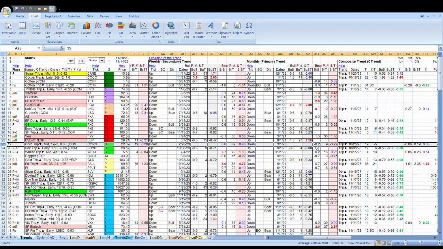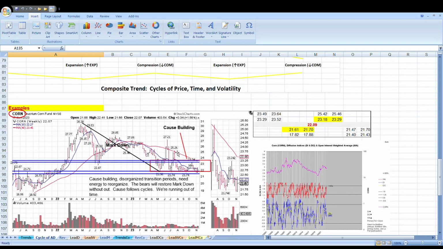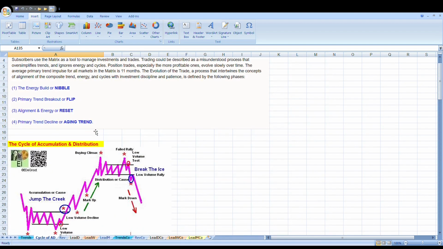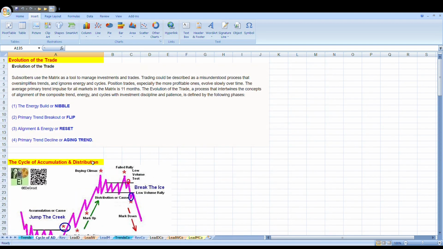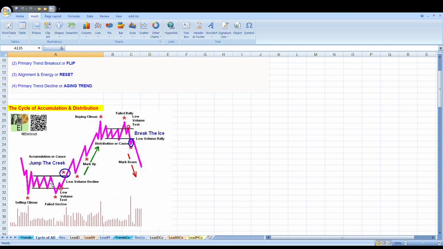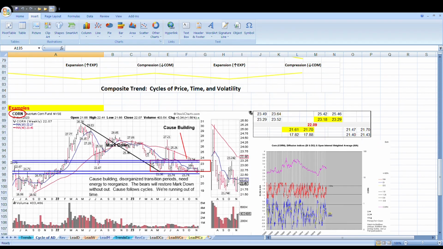It's only 9 months, and you can see the cycle extension is not very old. And so as we jump through this cause building, we're moving through the cycle of accumulation and distribution. Graphically, we are trying to interpret what's taking place as we're inside of there. It is the energy build that will be the tip-off. If energy continues to slide, or if it rallies even a little bit here and it slides even further, the odds of an upside breakout deteriorate, or they drop.